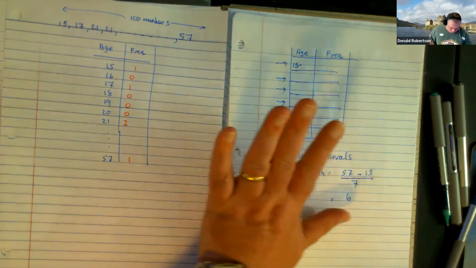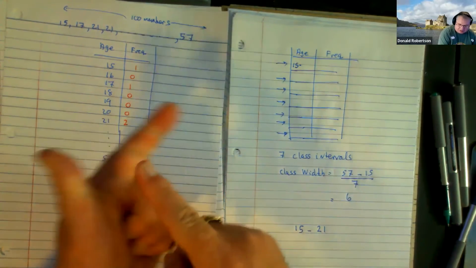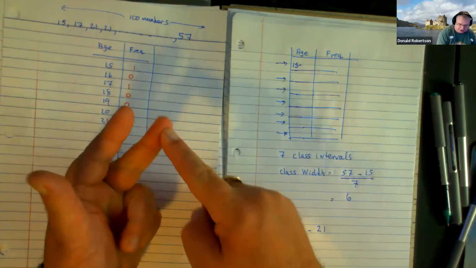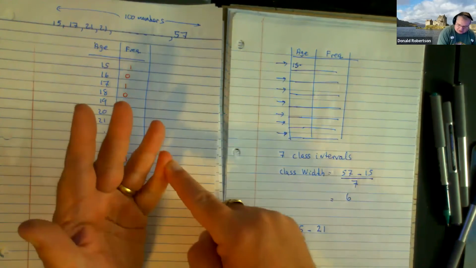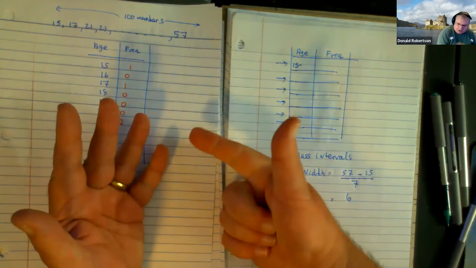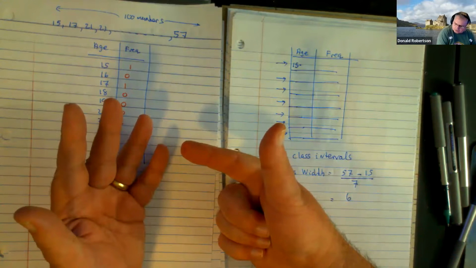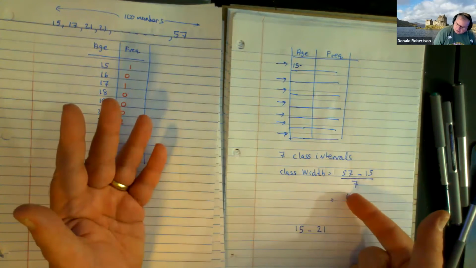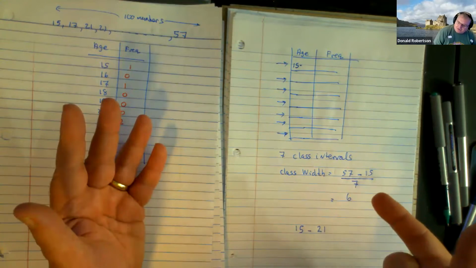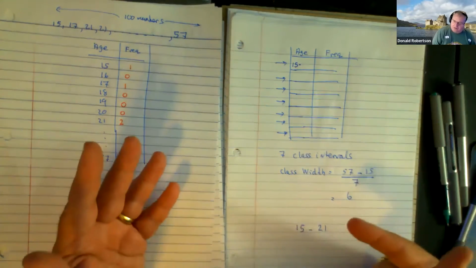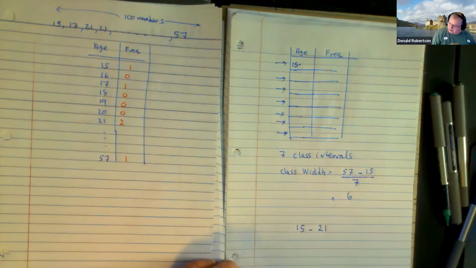Well, let's count them. 15, 16, 17, 18, 19, 20, 21. Wait a minute, that comes to 7 numbers. Class width says you must have 6 numbers in each interval. Do you notice that?